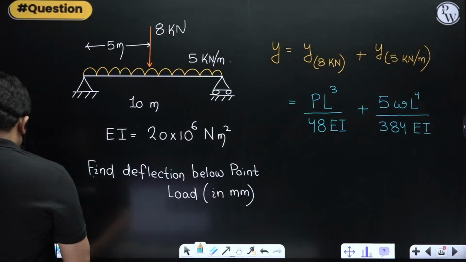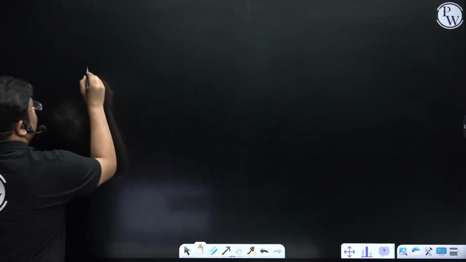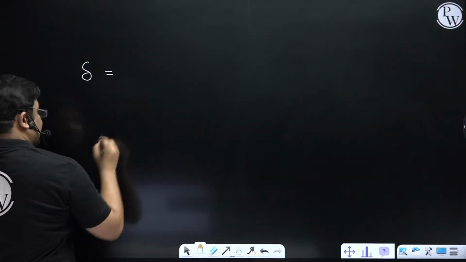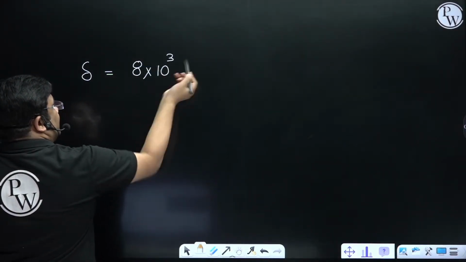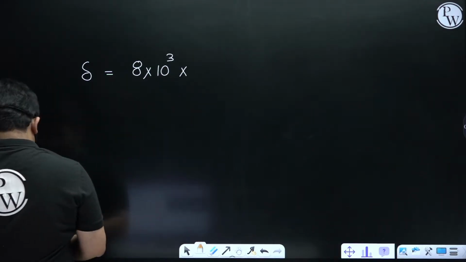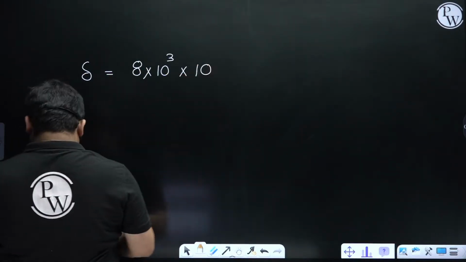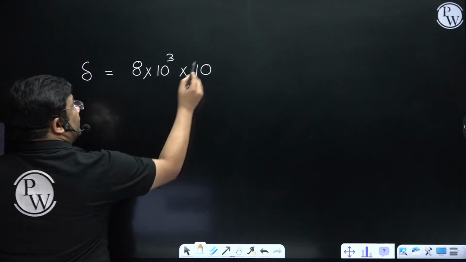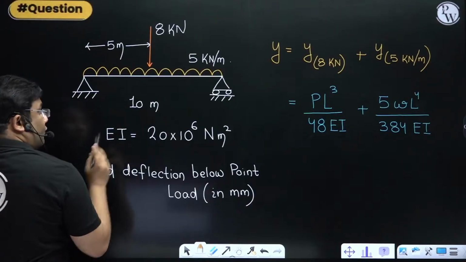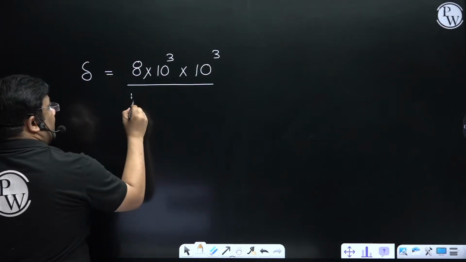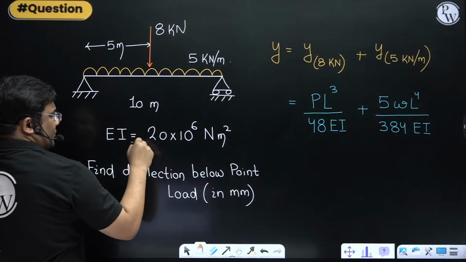So when I'm solving this question, for the first deflection, P is given as 8 kilonewton, so let me put it in Newton: 8 kilonewton converts to 8,000 Newton. Then PL^3, L is 10, so 10^3, putting everything in Newton and meter, divided by 48 EI. And EI is actually 20 into 10 to the power 6, or I can say 2 into 10 to the power 7, right?